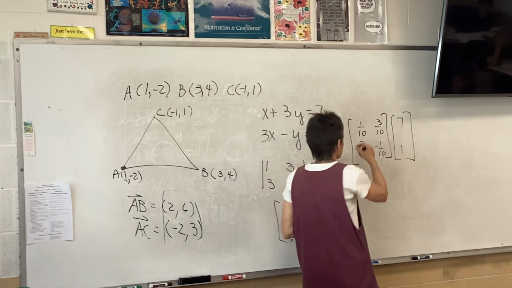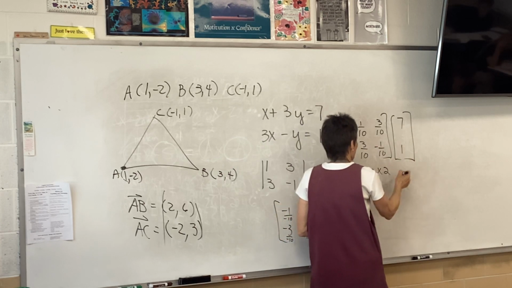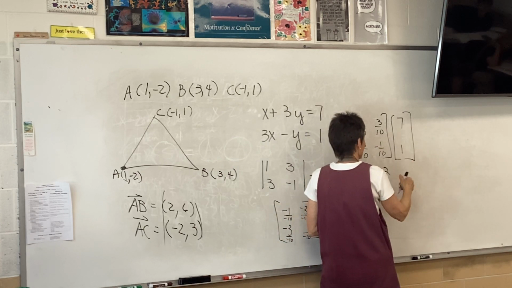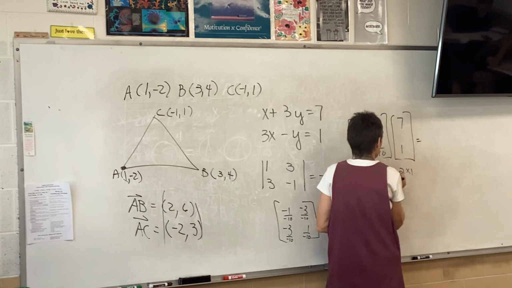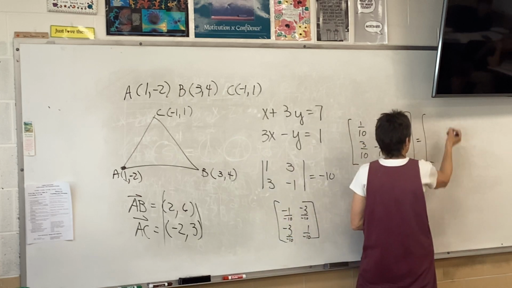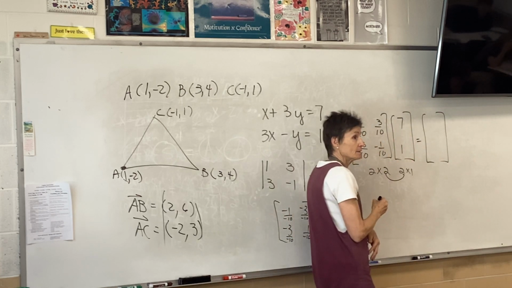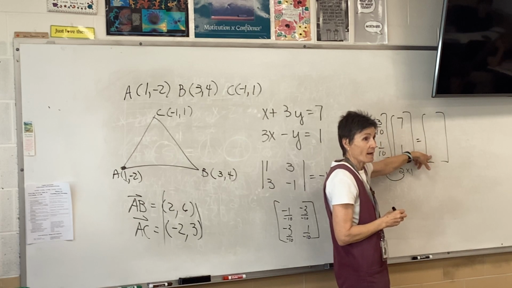So, what are the dimensions of this one? 2 by 2. What are the dimensions of this one? 2 by 1. So I'm going to multiply them and end up with another 2 by 1. That's going to be my x and that's going to be my y.